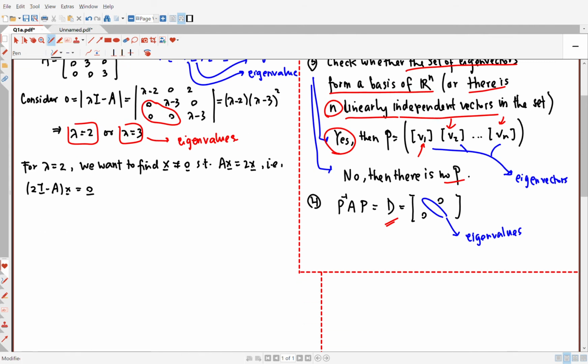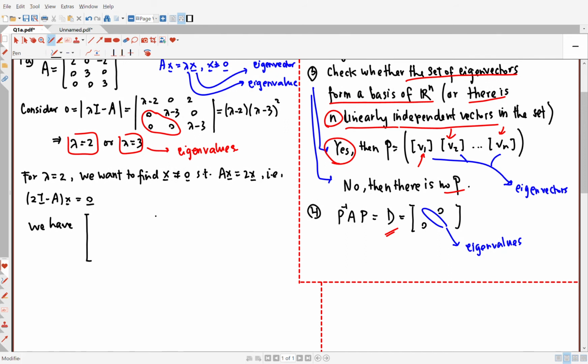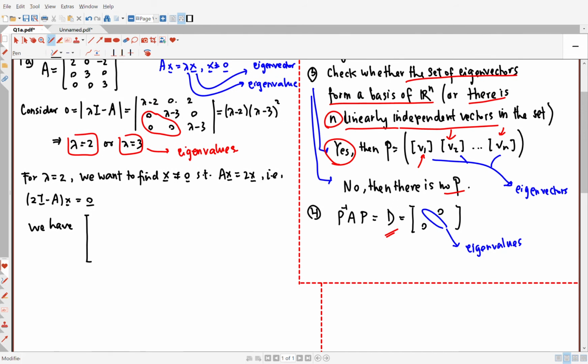This thing, I want to write it in matrix form. So we have (2I minus A), which is this matrix with lambda equal to 2: 0, 0, 2, 0, minus 1, 0, 0, 0, minus 1, multiplied with x1, x2, x3 equal to 0, 0, 0.